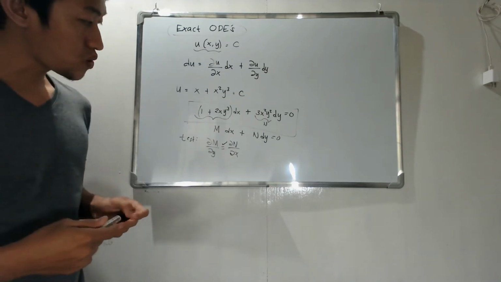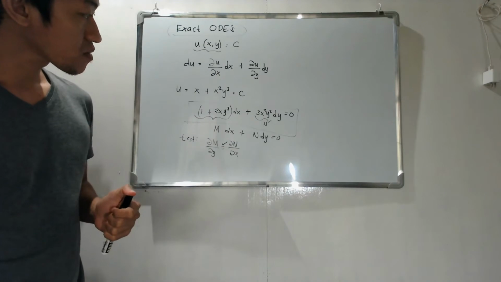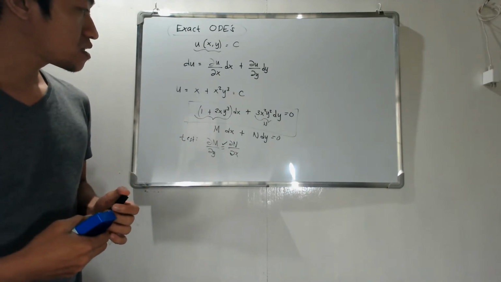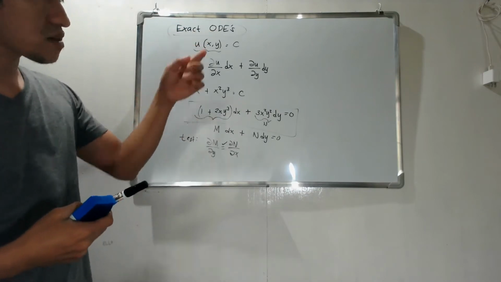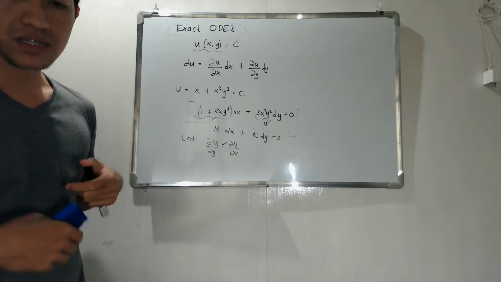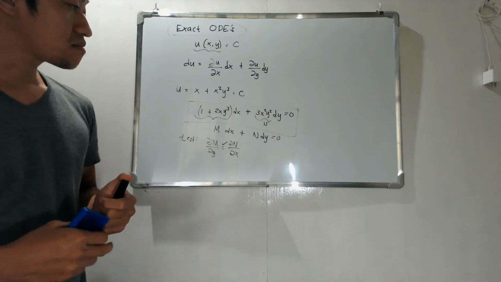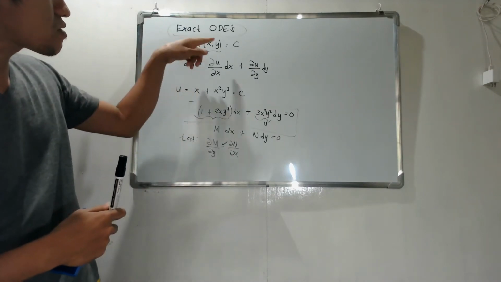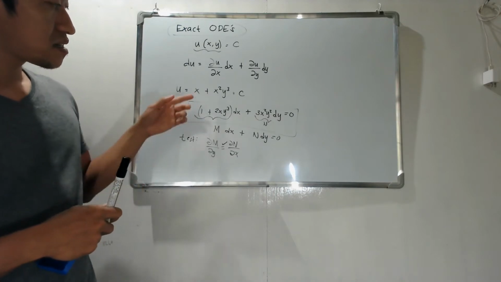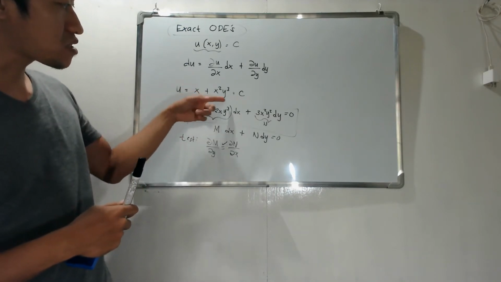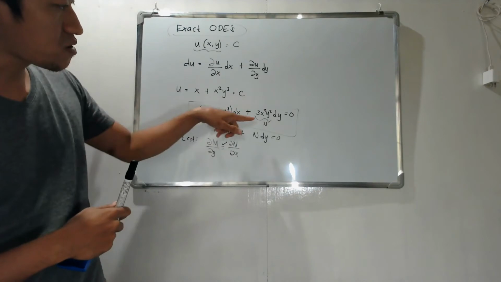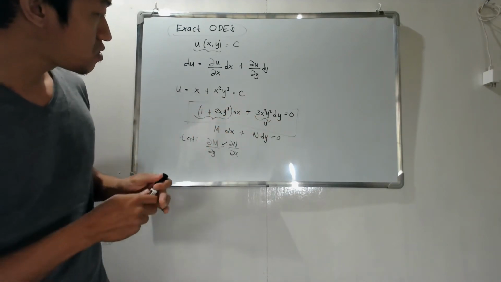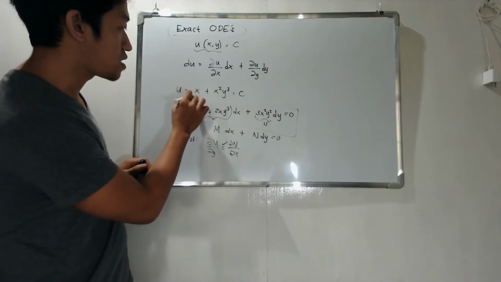So in order to solve the general solution, if you are given an exact ordinary differential equation, let's have an example. By the way, the concept of finding the solution for exact ODE is that you reverse it. Okay? This is the given in the problem, and then you will try to solve this one.